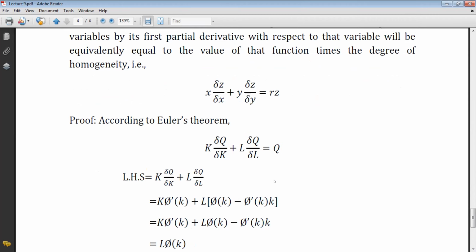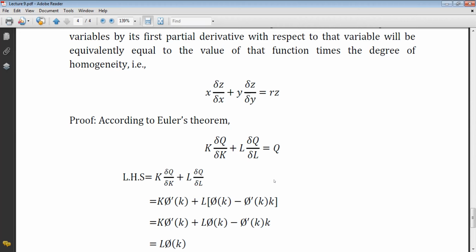Then y means l. So l into del q divided by del l equals r times the function, where r is the degree of homogeneity of q, a function of k and l, in our lecture. Okay, what is the degree of homogeneity?